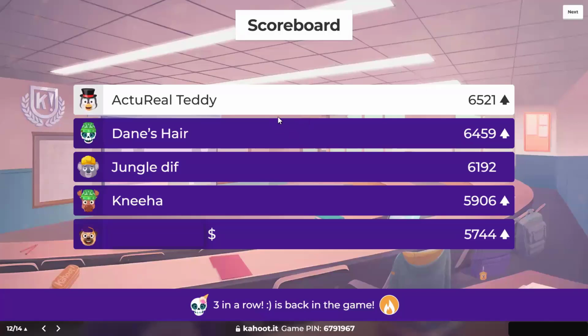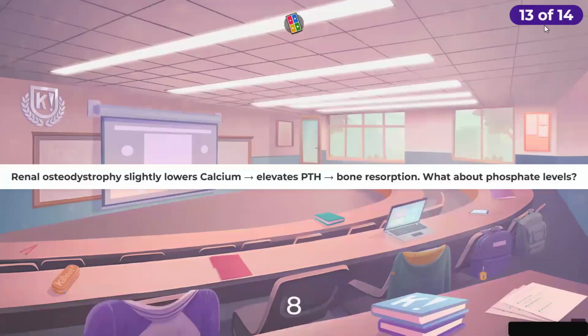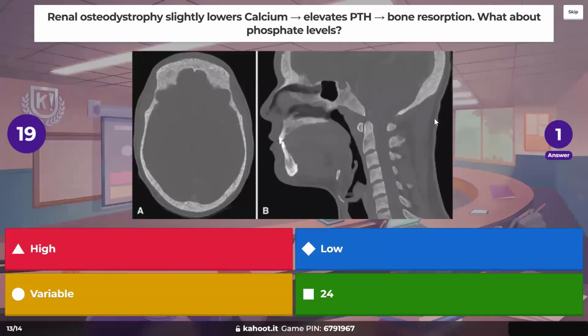Ooh, that helps out Real Teddy. I think there's two more. Okay, this is just phosphate levels in renal osteodystrophy. What do we say about that? So the kidneys are not working.